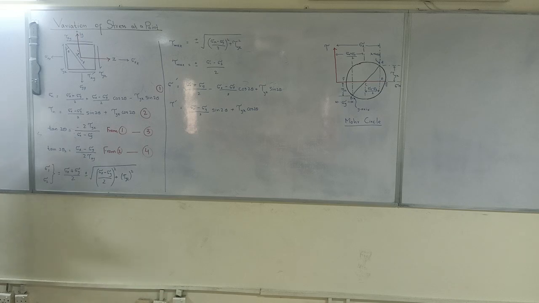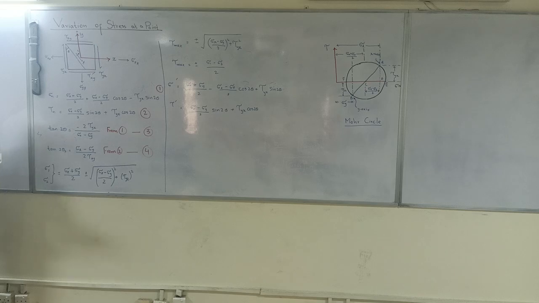Why? Because these are harmonic functions, and they give you the same values. So from tangent theta we know that its period is 0 and 90. Tangent 0 is 0, and tangent 90 is again 0.